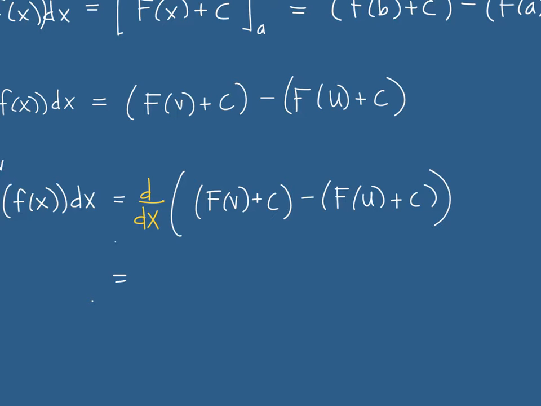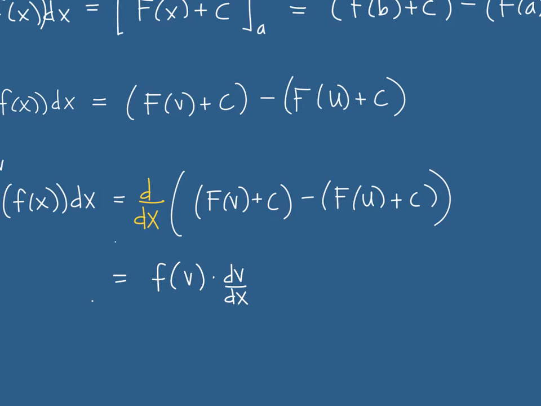Okay, so we take the derivative of the outside, which is f. We leave the inside alone. And then we tack on the derivative for the chain rule, which would be dv dx. All right, so first one's done. What's the derivative of c? C is a constant. Is c a number?